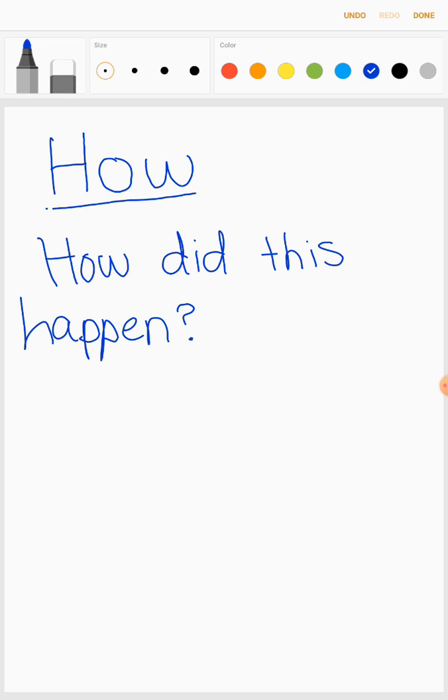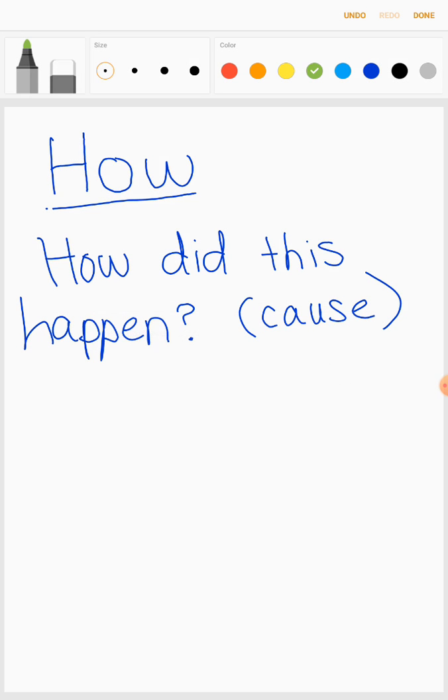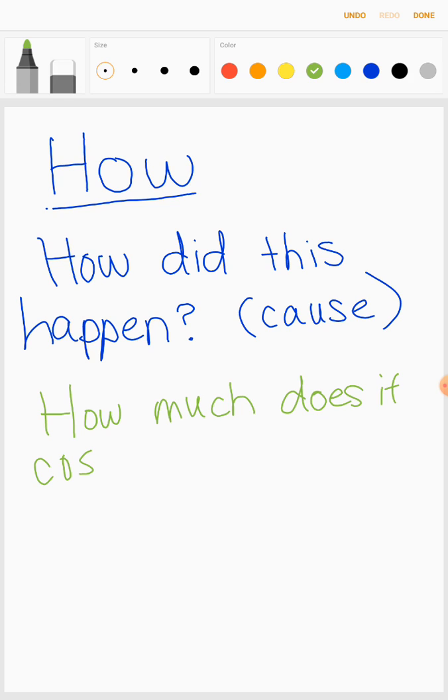You can also use how to find the amount or extent of something. So I could say, how much does it cost? Or how long is it?